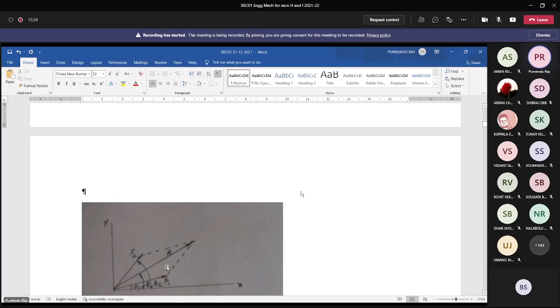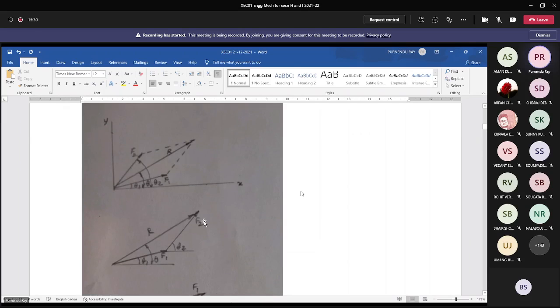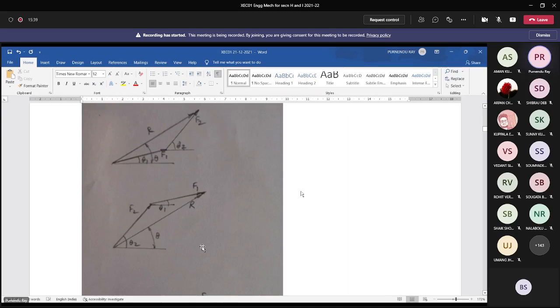Obviously, it will pass through the point through which F1 and F2 are acting. So that is the formation of the triangle, with this side F2 and this side the free vector F1. It could be done in this way also. So by the commutative law, F1 plus F2 or F2 plus F1, whichever you take first, there is no problem.